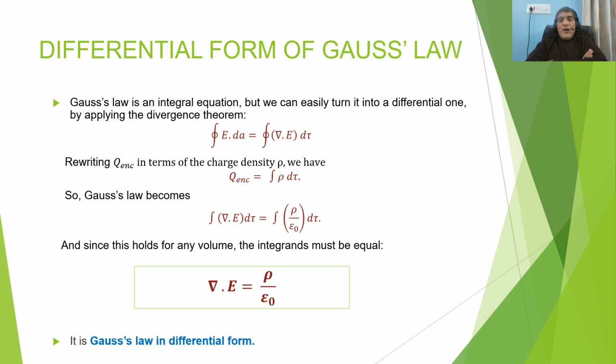So now we have the differential form, del dot E equal to rho upon epsilon naught. Here rho is the volume charge density, del is the del vector, and E is the electric field. So keep that in mind. It is another form of the Gauss law, in differential form. We need not discuss this much more.